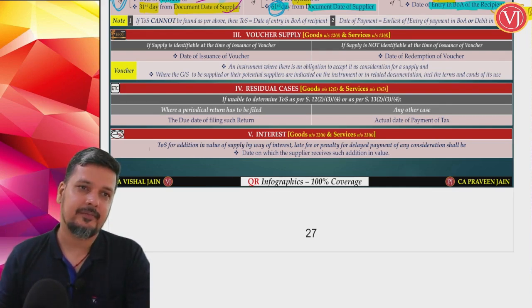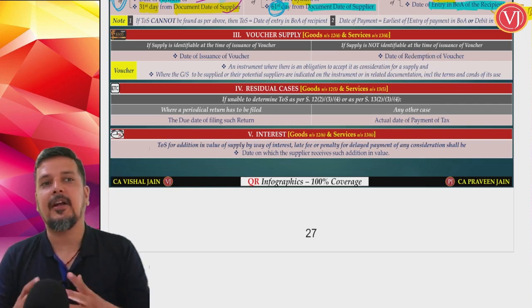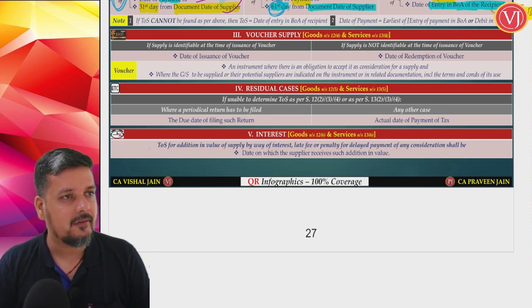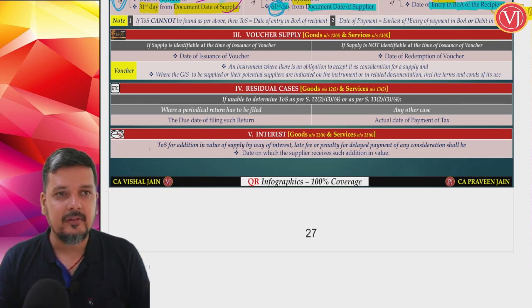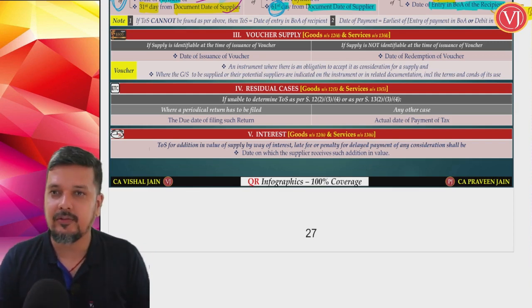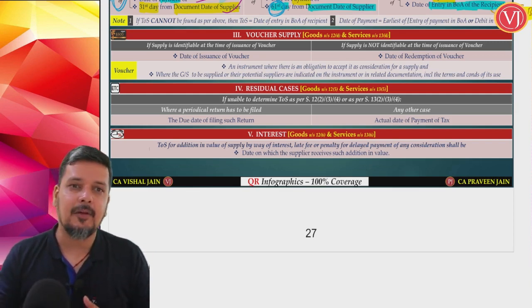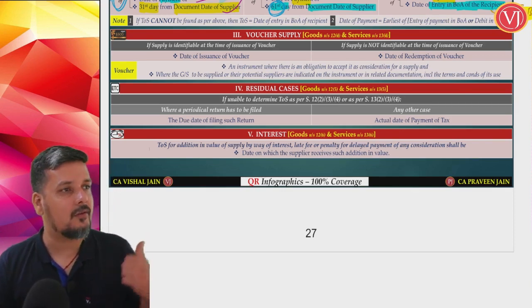Voucher supply. What is voucher supply? Supposing Tata Limited gives vouchers to all their employees and tells them that this Diwali we are not giving you gifts, we are giving you vouchers so that you can go to Big Bazaar and use the vouchers, go to Pizza Hut and use the vouchers. Obviously, Tata company would have paid advance to Big Bazaar and Pizza Hut.